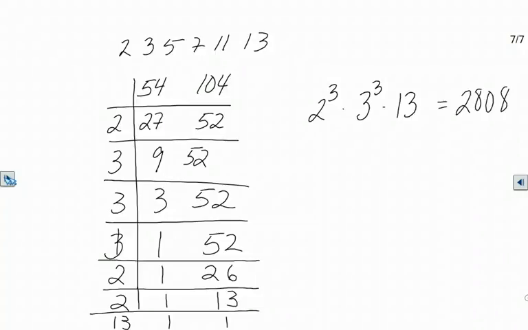Now let's do another one. Let me check something right quick. You've got to remind me, what time is class over, 2:10, 2:15? 2:10. All right, let's do one more because this is very important.